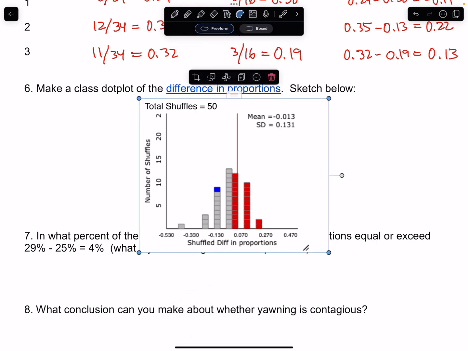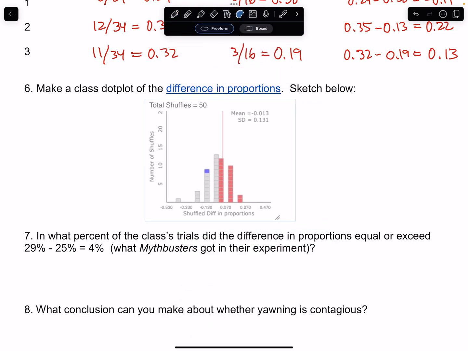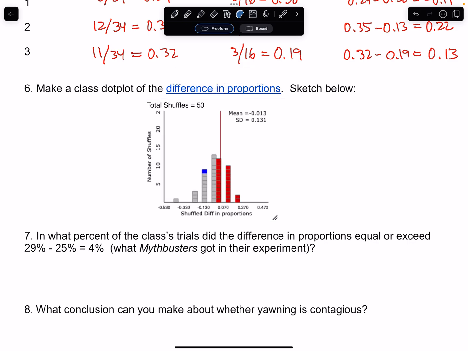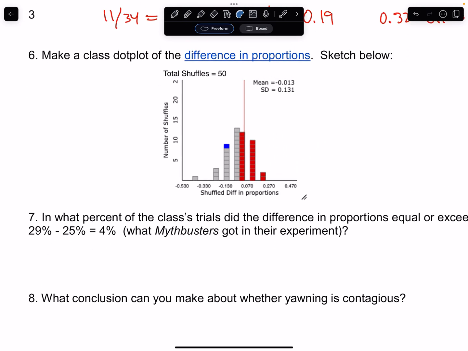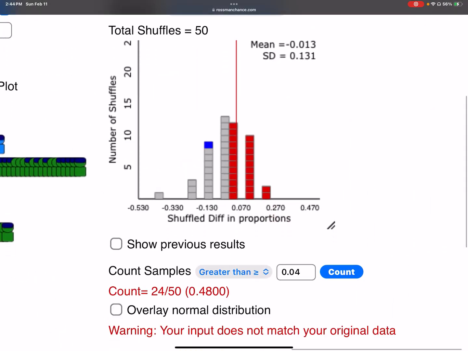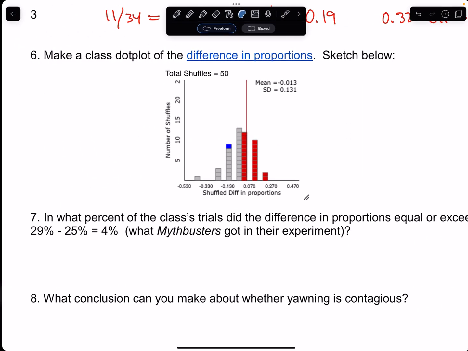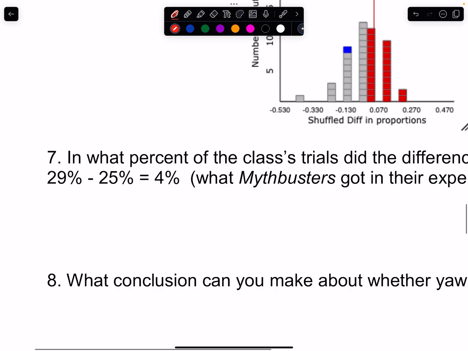Sorry guys. So there's our dot plot, and I already forgot the number. I'm sorry, 24 out of 50, which was 0.48 or 48%.